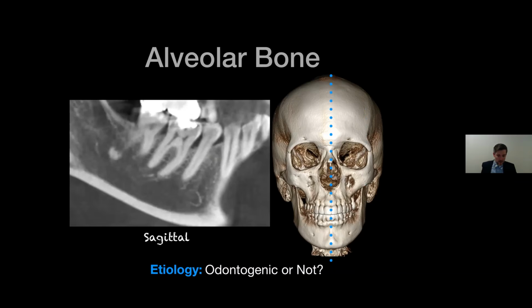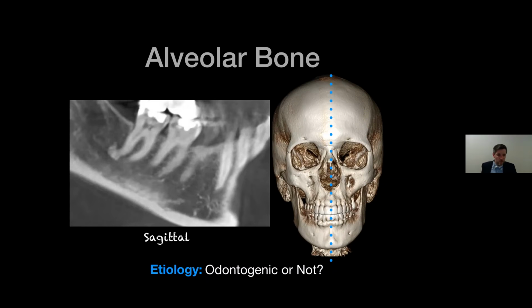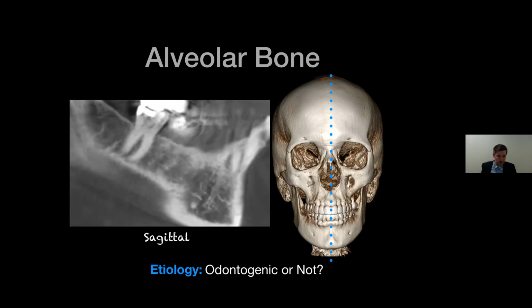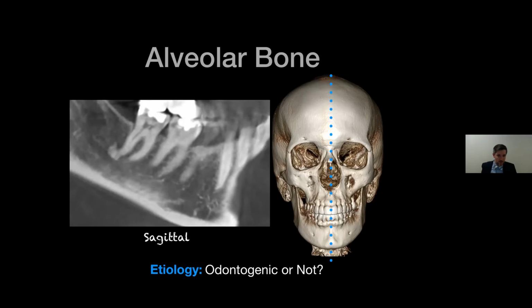As we cycle through these slices, we can see at tooth number 18, there's something that looks a little different from the other teeth. We see this area here near the apex of tooth number 18. This patient had no symptoms, no pain, no evidence of etiology.